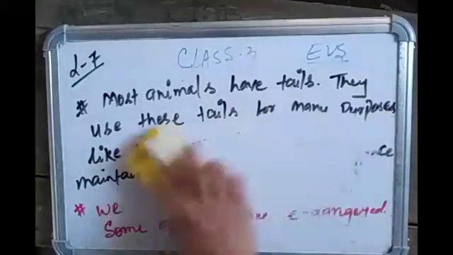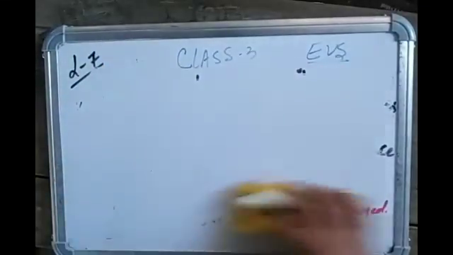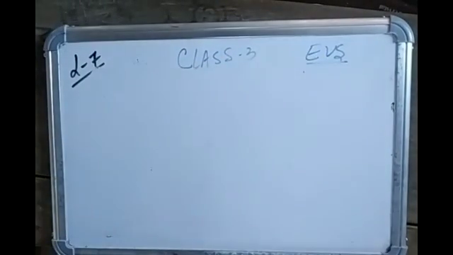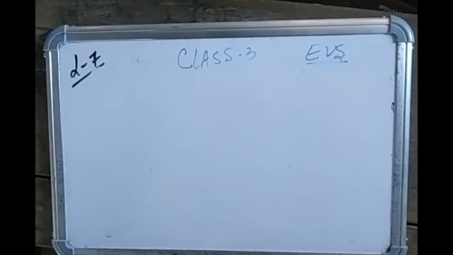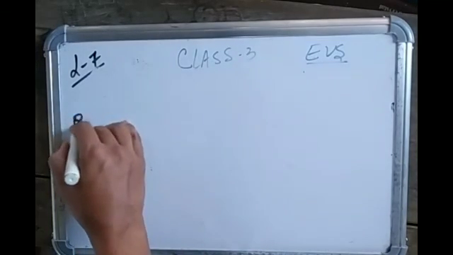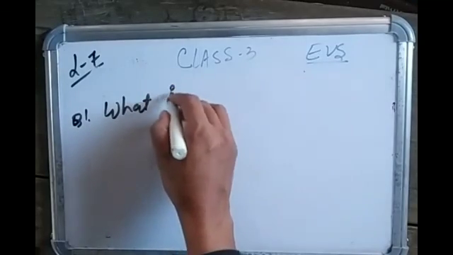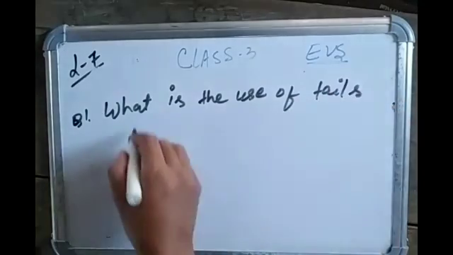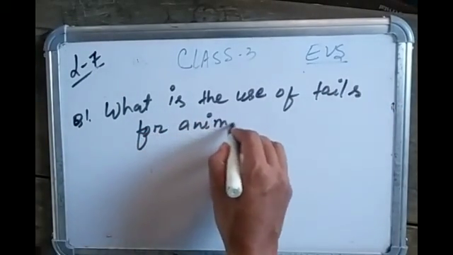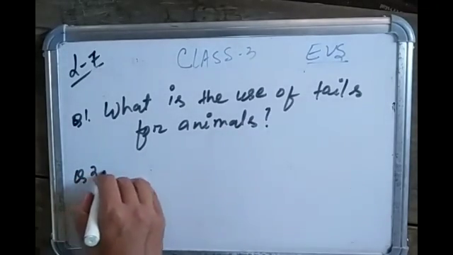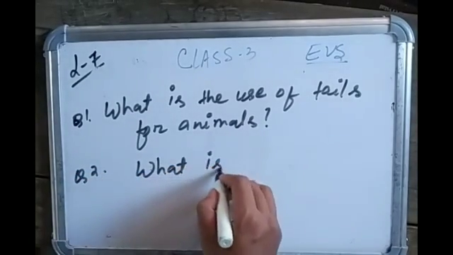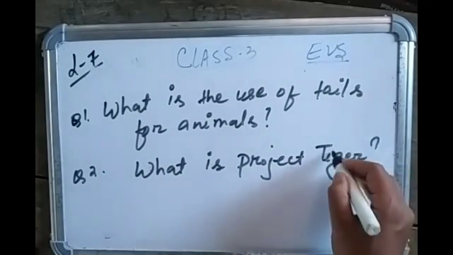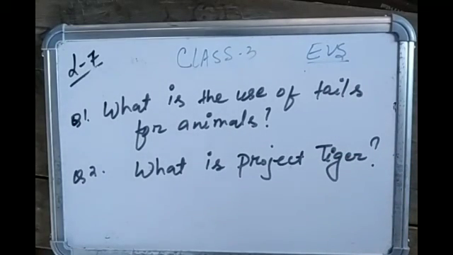So the last one is evaluation. Evaluation will help you to check whether you understand the topic or not. So for evaluation, I'm giving some questions. Question number 1: what is the use of tails for animals?